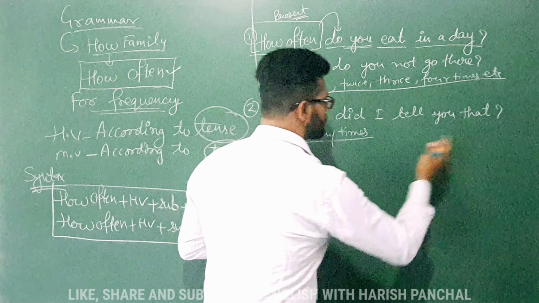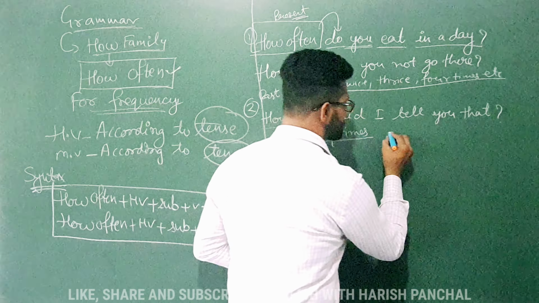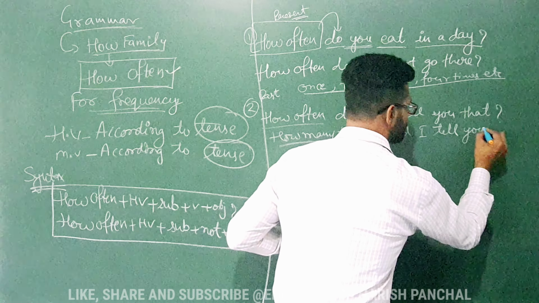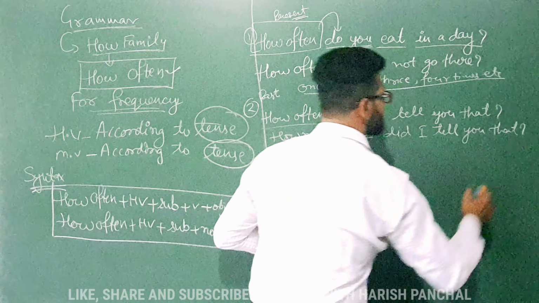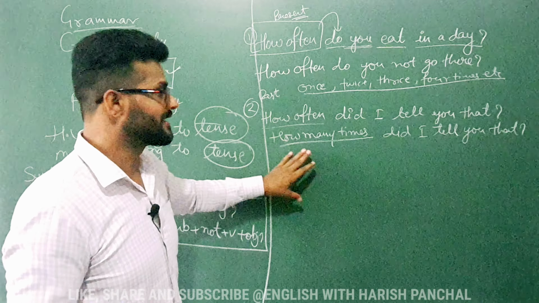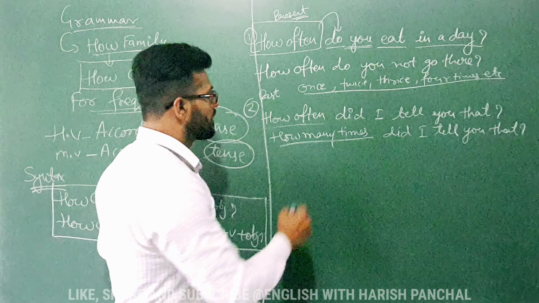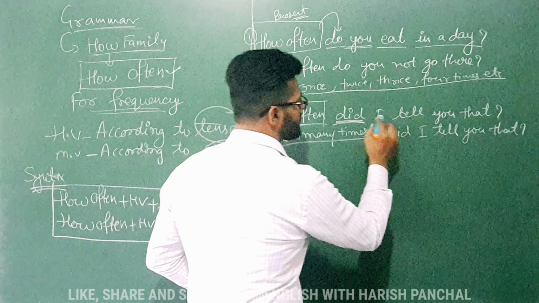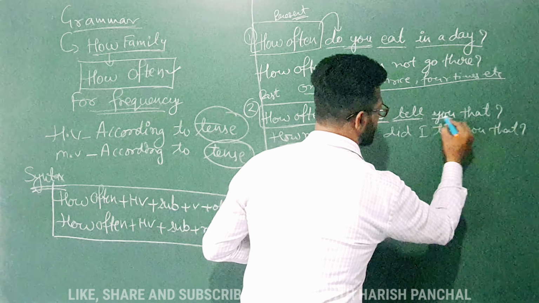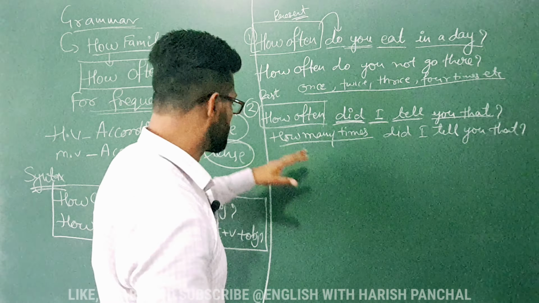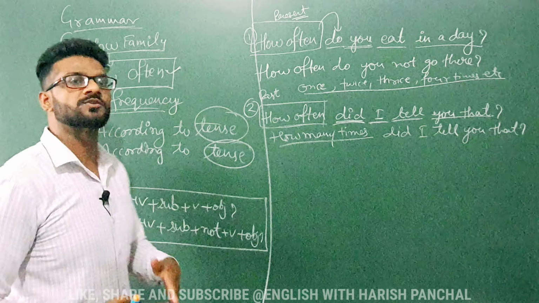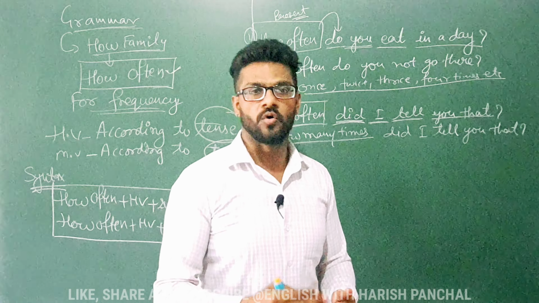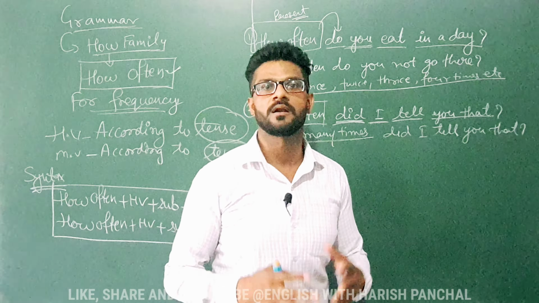How often did I tell you that thing, or how many times did I tell you that? Both sentences have the same meaning. You make how often, after that the helping verb, then subject, then verb, and after that your object. So these are the syntaxes that you have to follow while making sentences with how often and how many times, both are the same.